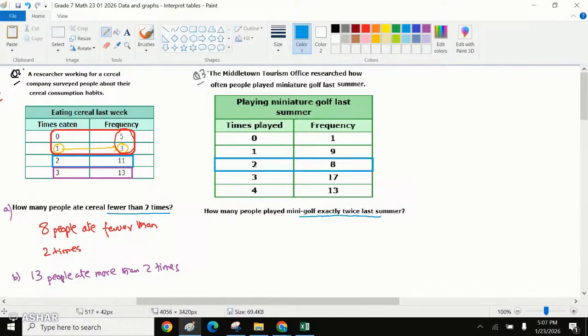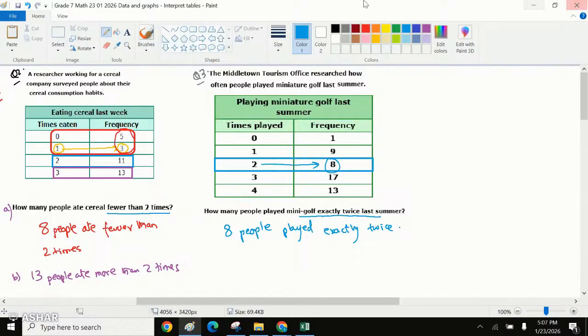So we can say 8 people, because the frequency for exactly two was 8, played mini golf exactly twice. Okay, so we can have multiple questions out of it.